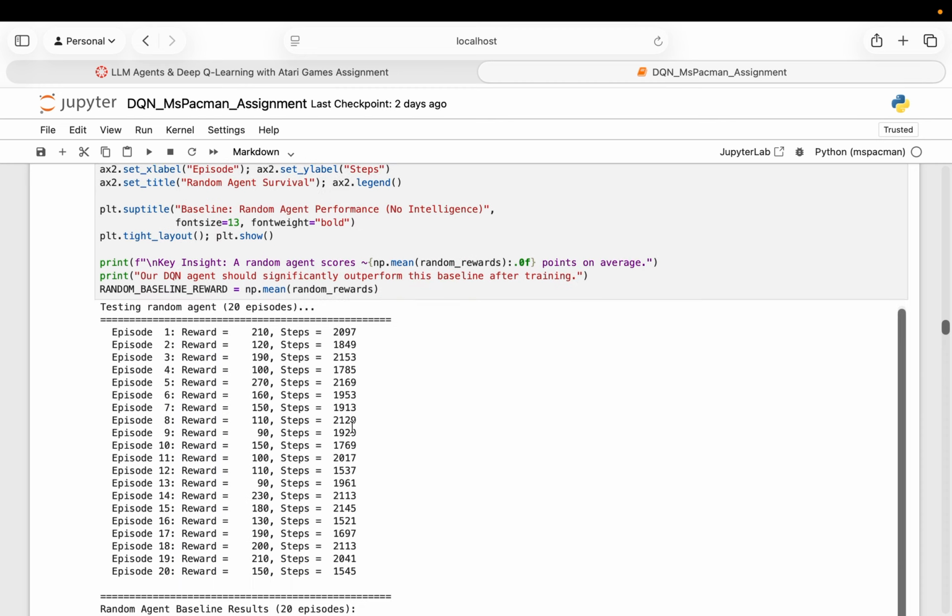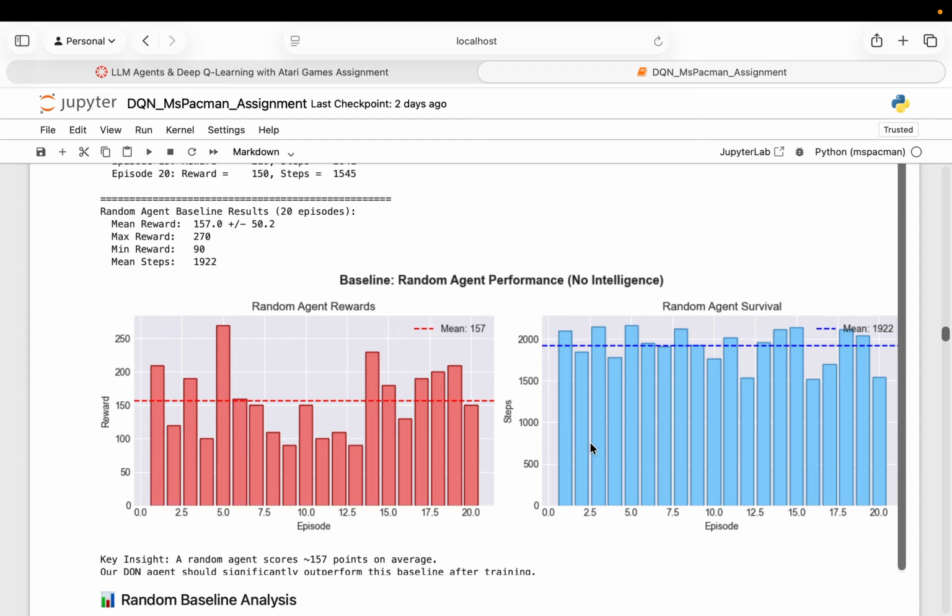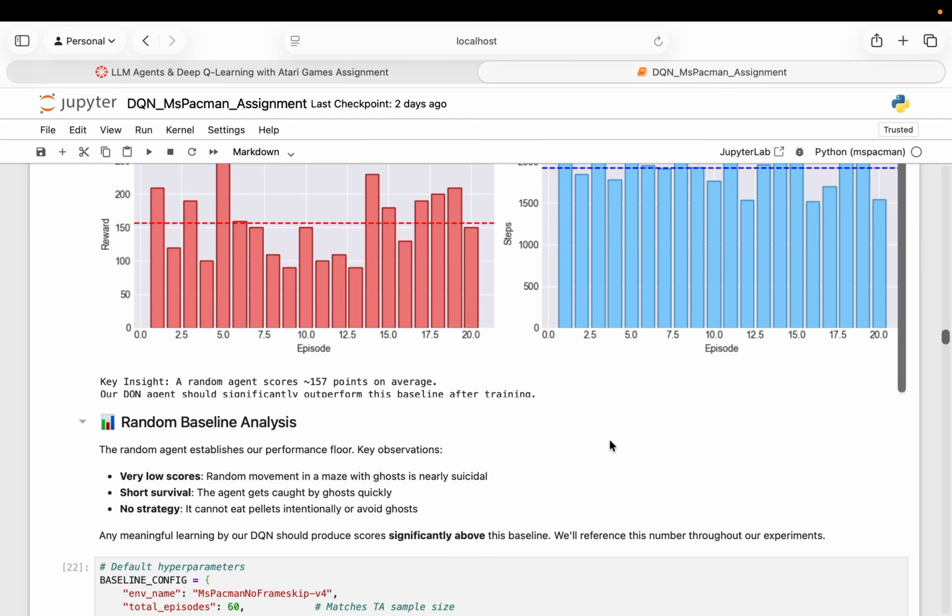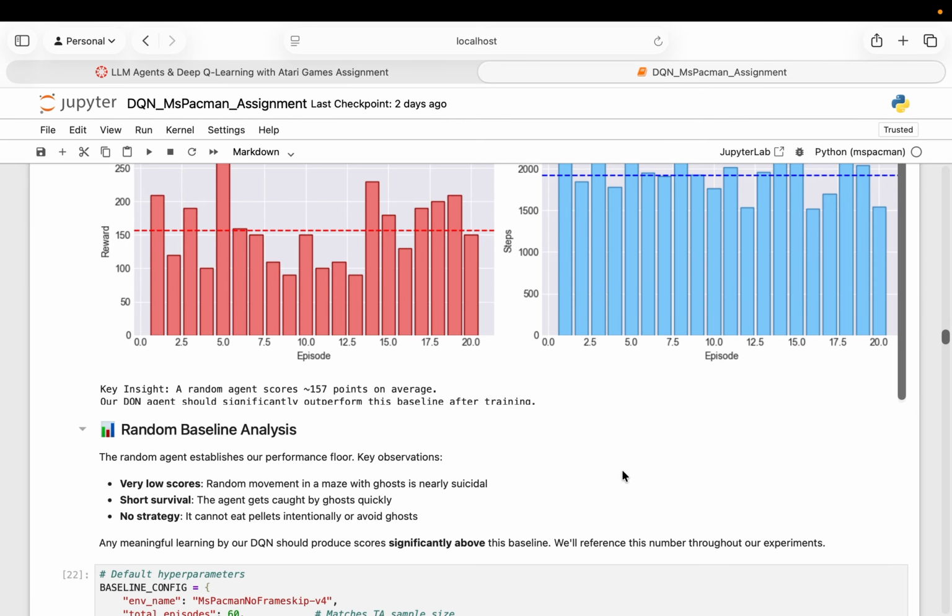You can see it here. And these are the baseline hyperparameters. And here is the reward structure. And this is the baseline training.